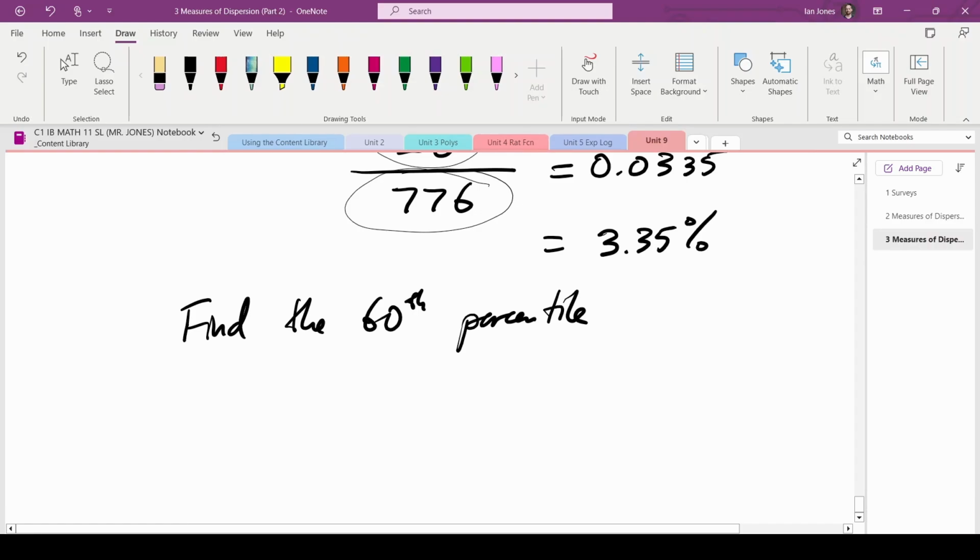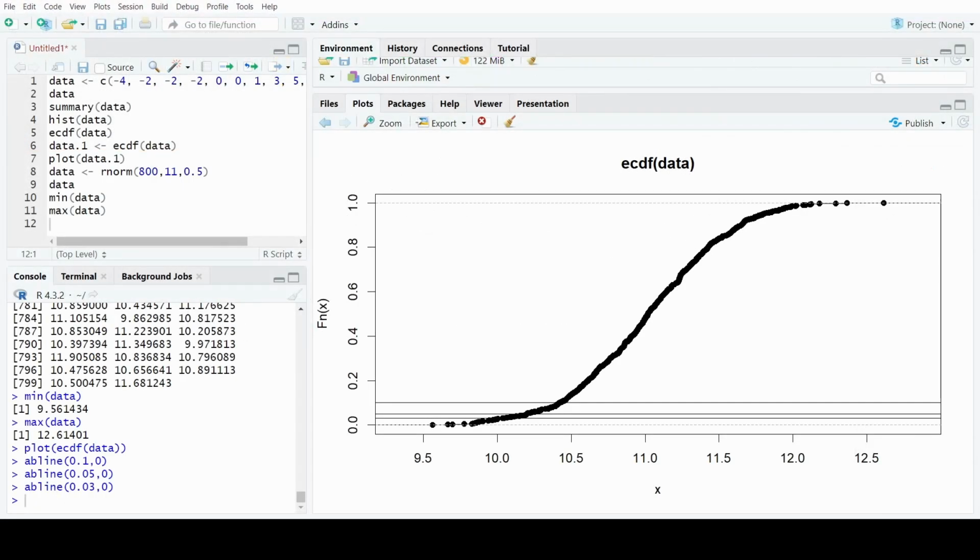Next question, find the 60th percentile. So we'll come back over to R. We're given this cumulative frequency, and we want to find the 60th percentile. Well, that lines up with this here, 0.6. That's going to be the 60th percentile once we find out where that is for x.